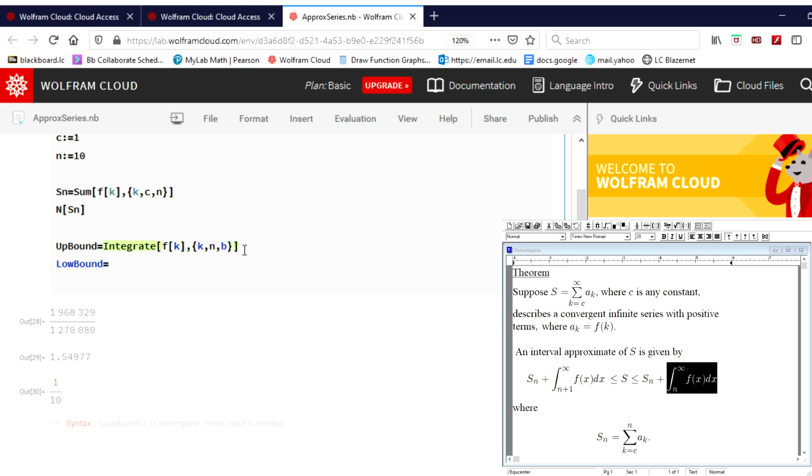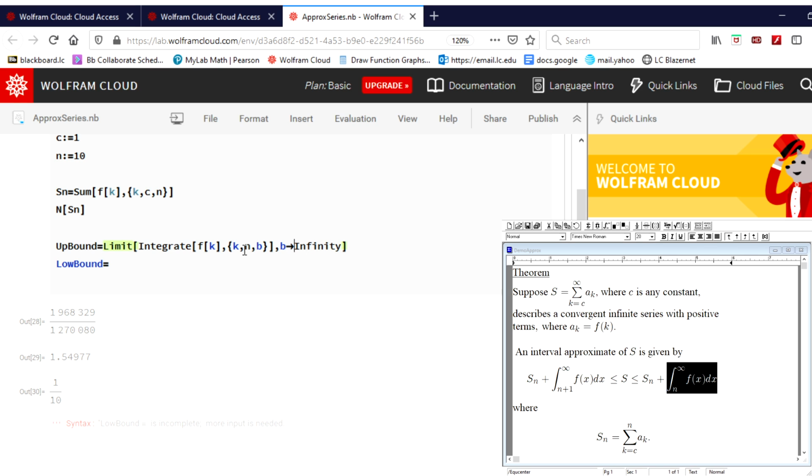Properly, what we should be doing is putting in an upper bound of b and coming back and applying a limit to this calculation. If I consider the limit for the integral of f of k from k starting at n up to b, I can then make b approach the value of infinity in this limit.